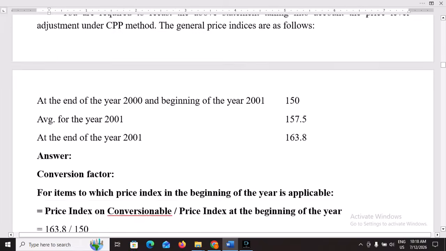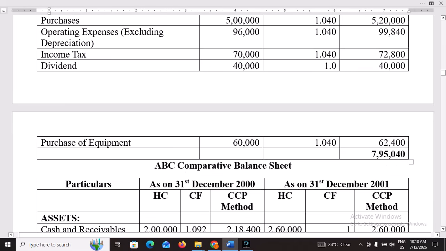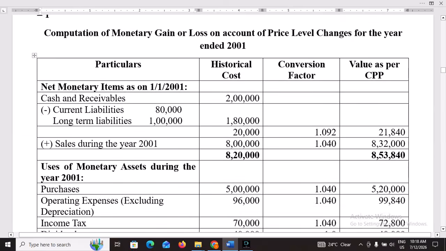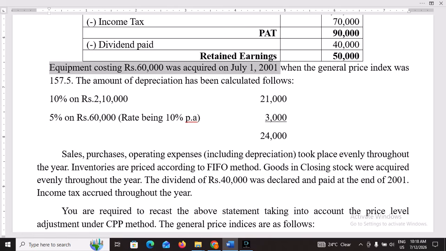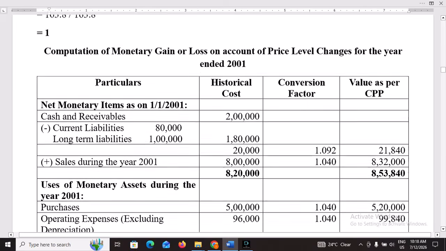But July 1 means the middle of the year, during the year, not opening or closing.